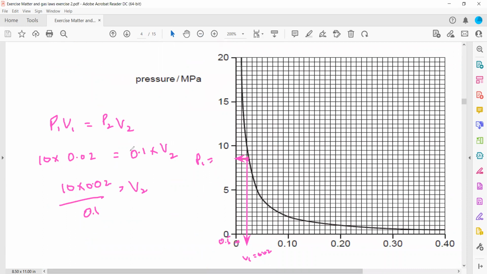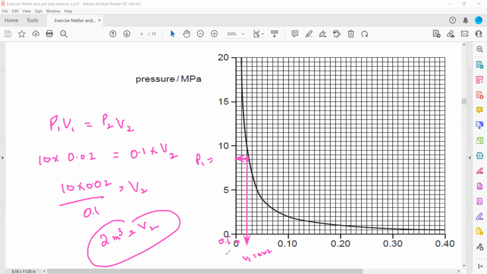So when we simplify this, 10 times 0.02 is 0.2, and 0.2 divided by 0.1 is 2 meter cube. So the new volume of the gas will be equal to 2 meter cube.